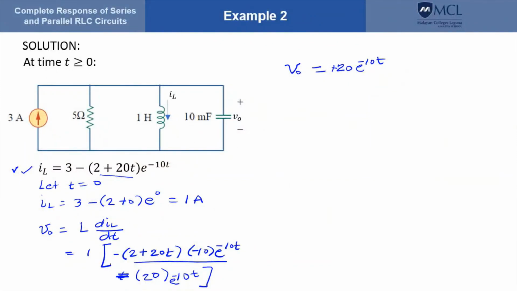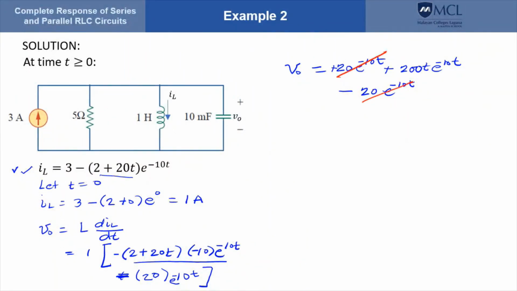Then plus 200 t e to the minus 10 t, then minus 20 e to the minus 10 t. So these terms will cancel each other.